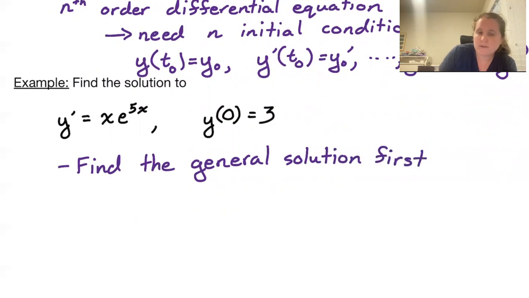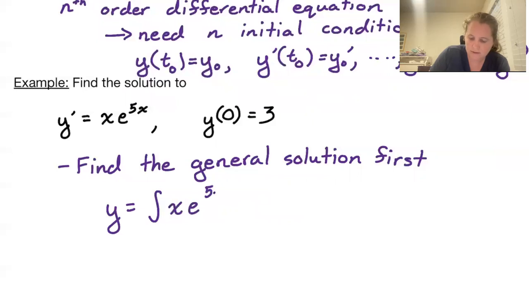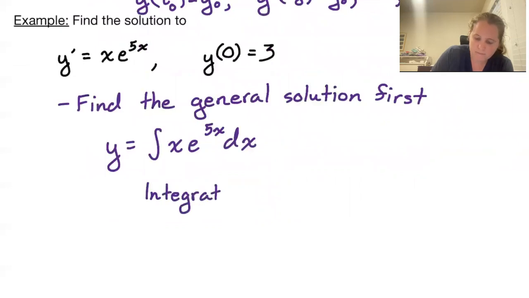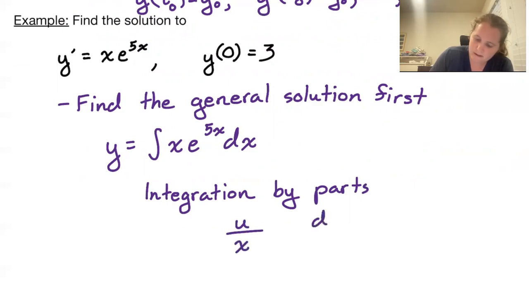So to find the general solution, we will go ahead and do y is equal to the integral of x e to the 5x dx. Again, I would use integration by parts here. If we want, we can do the basic integration by parts without repeated. So we'll do integration by parts. We'll set u to be x and dv to be e to the 5x.